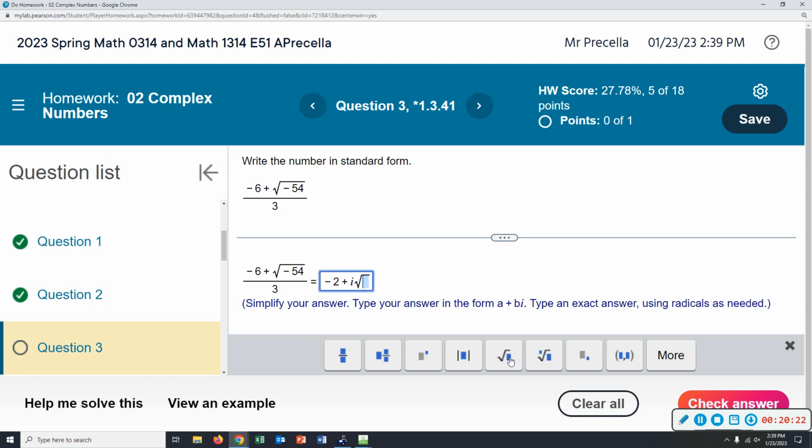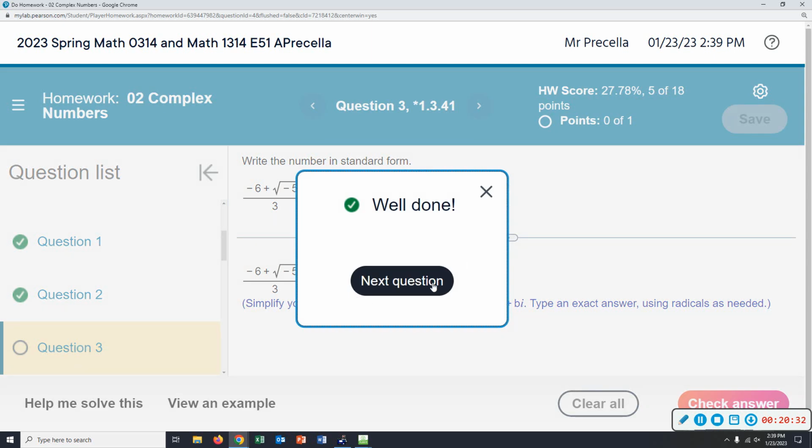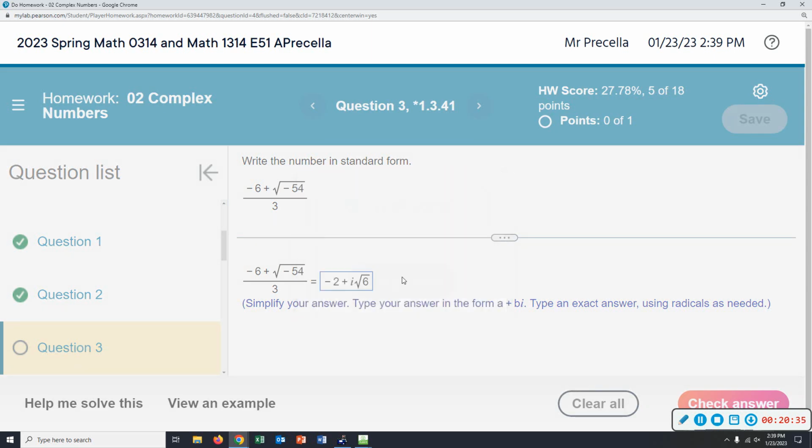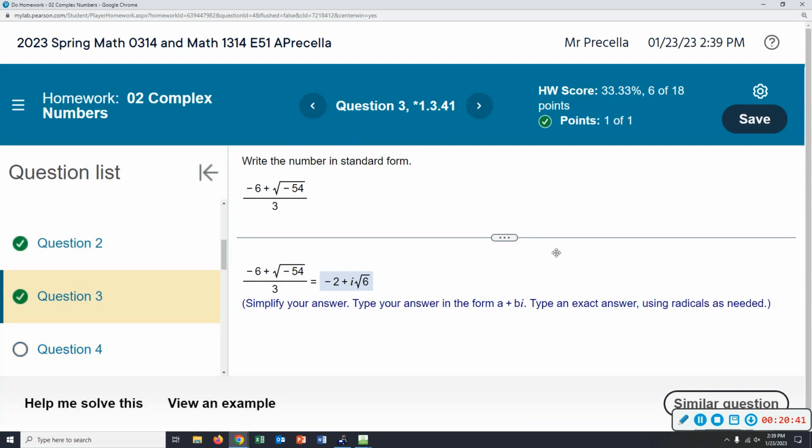There should never be a time you need to hit more on the toolbar. I think 3, 4, and 5 are all the same type of problem. Any questions there? Y'all caught up?